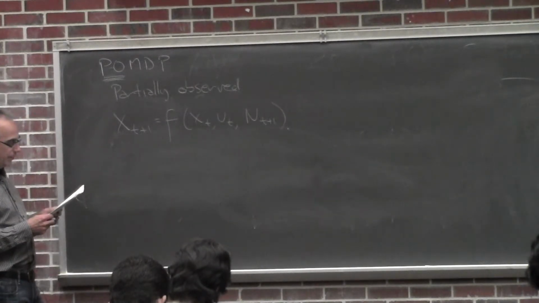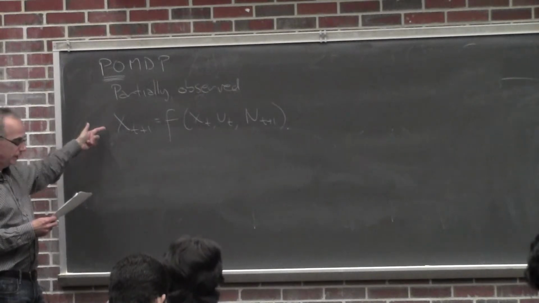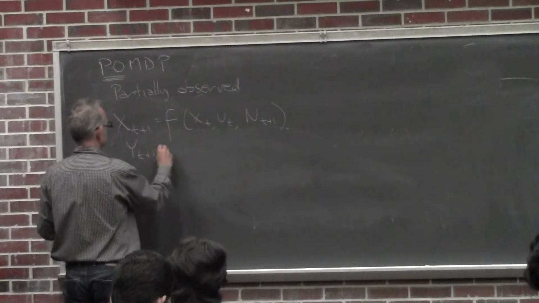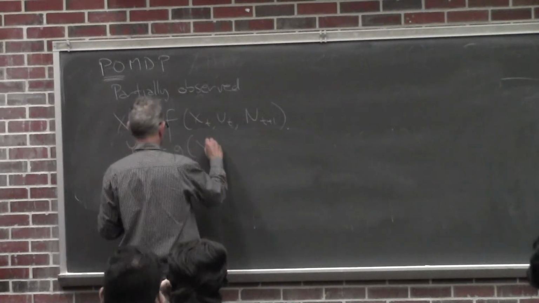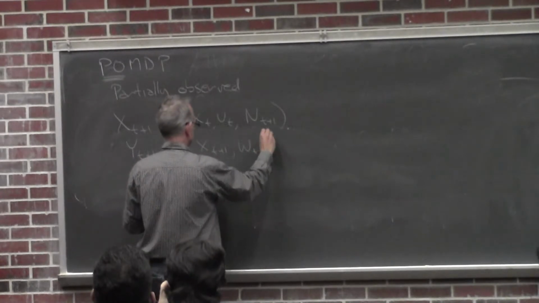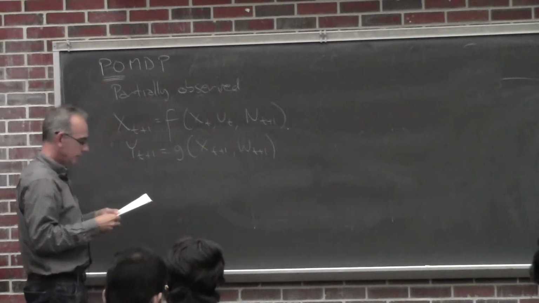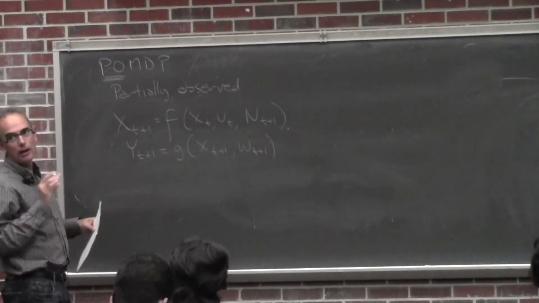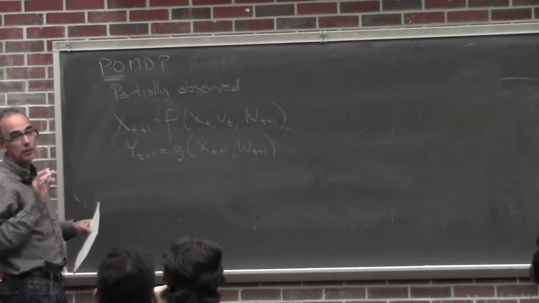So anyway, that's a controlled Markov chain, and here are our observations. And the big assumption is that the W and N are IID and also mutually independent.